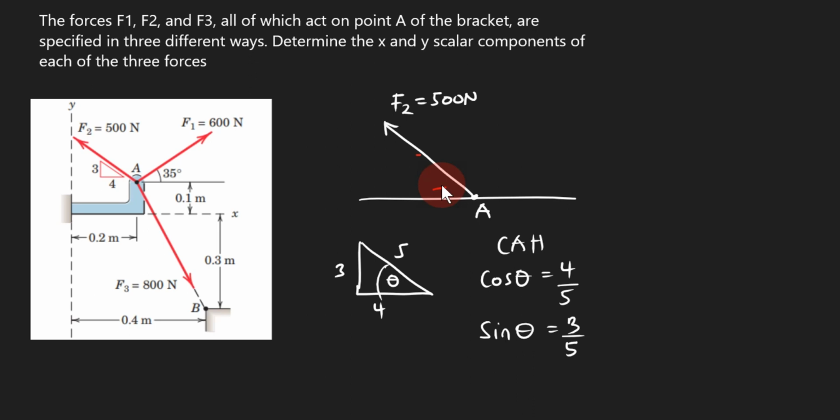I'm going to clean this triangle here, and then we use this cosine of theta and sine of theta to find the components of this F2 here, which are F2x and F2y. So let's look at that. I'm going to have this to be F2x, and F2y will be here.